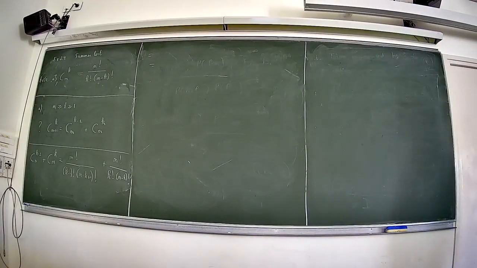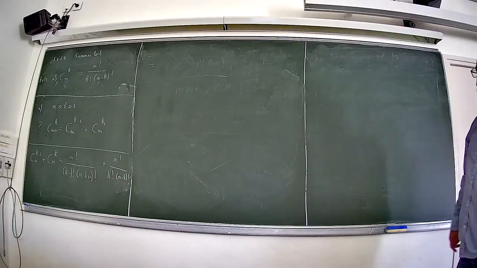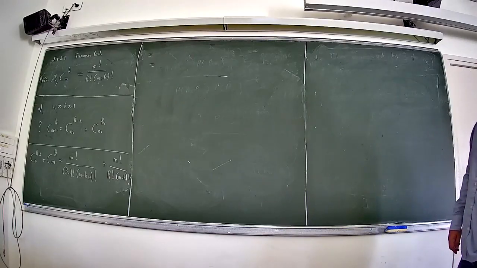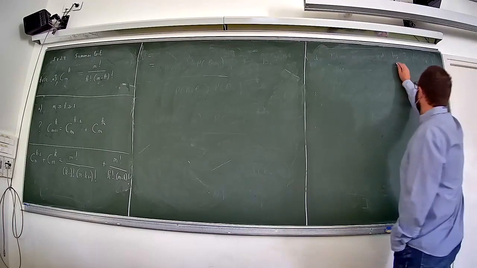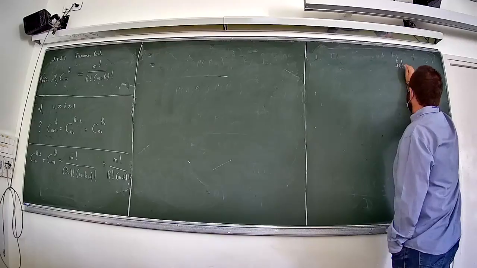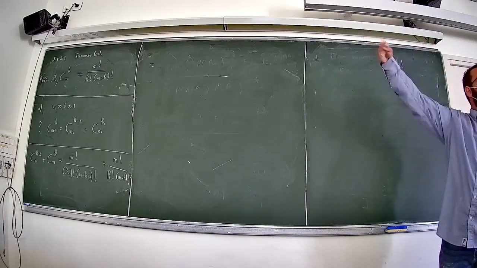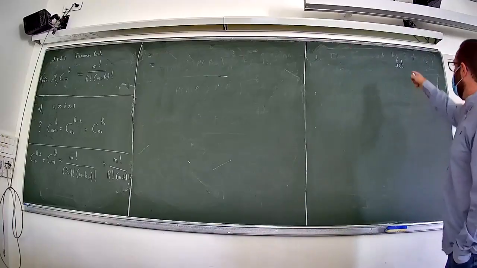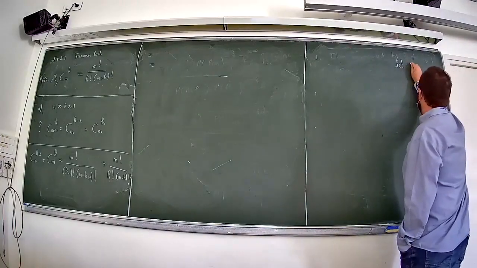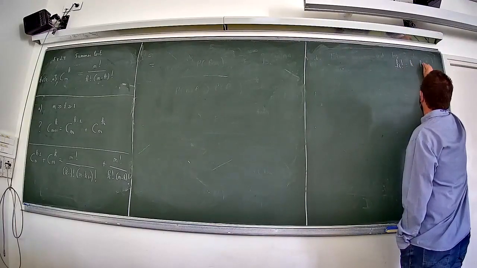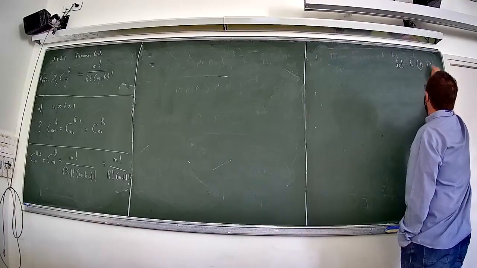We are going to factorize what we can factorize. What you need to have in mind here, if you want to do a good factorization, is that k factorial is k times k minus 1 times k minus 2 and so on until 1. So I can write k factorial as k times (k-1) factorial.